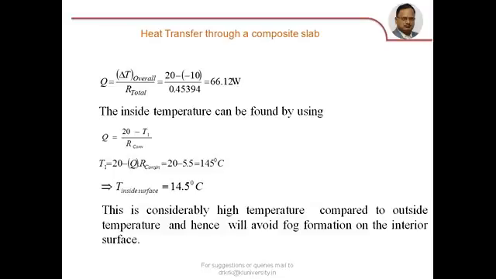So therefore, in cold countries, to avoid the fog formation on the interior surface, instead of having a single pane glass window, they prefer 2 pane glass windows with an air gap in between them, which will avoid the formation of fog on the interior surface.